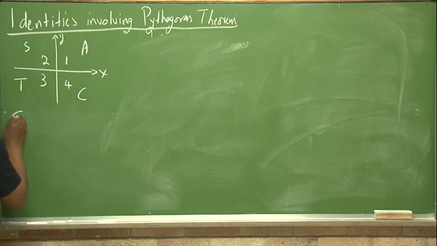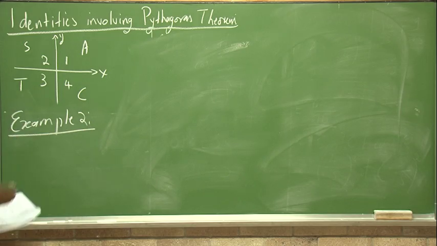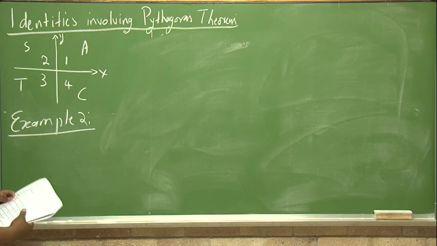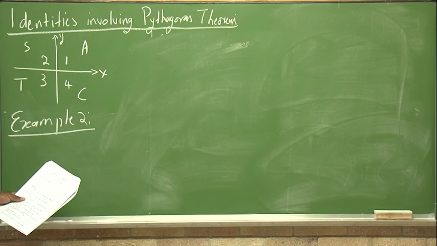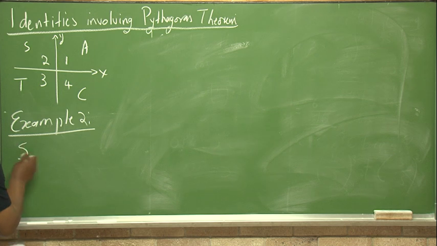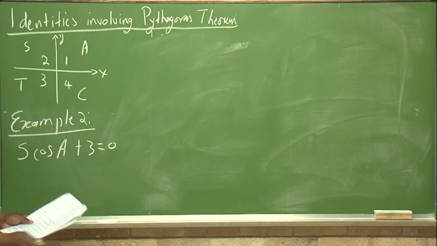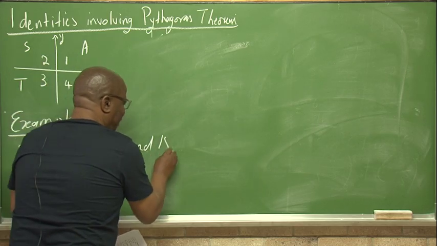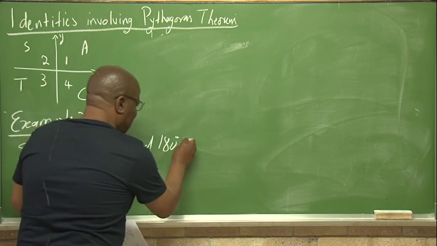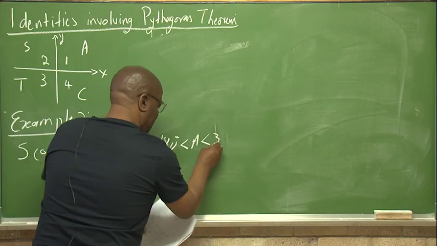The second example. Example 2 reads: 5 cos A plus 3 equals 0, and 180 degrees is less than A, and A less than 360 degrees.